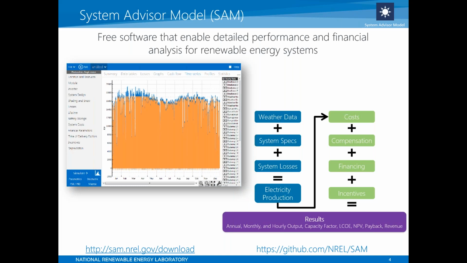That gets you electricity production results and annual, monthly, and hourly outputs of electricity. These performance results are then combined with detailed cost inputs for your system, information about your compensation or project revenue, financing considerations, and incentives, such as tax incentives, to get economic outputs such as your levelized cost of energy, net present value, payback period, and overall revenue of the project.